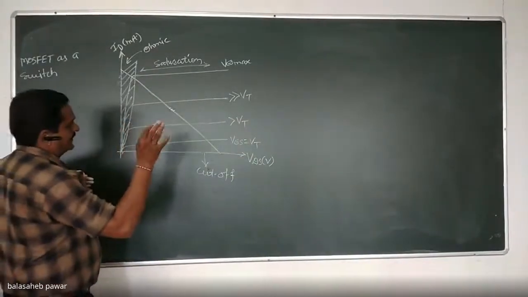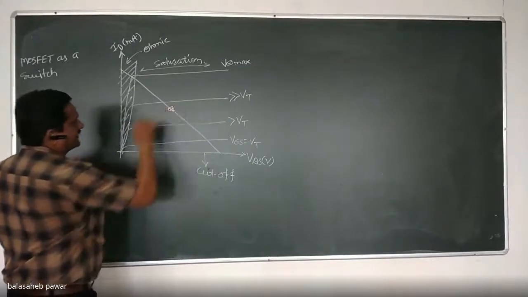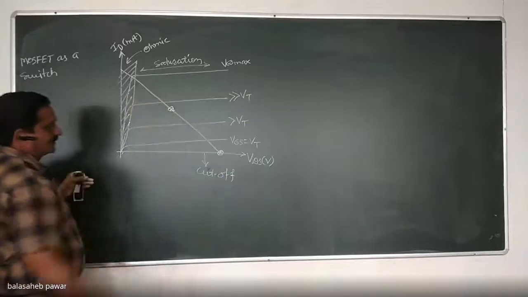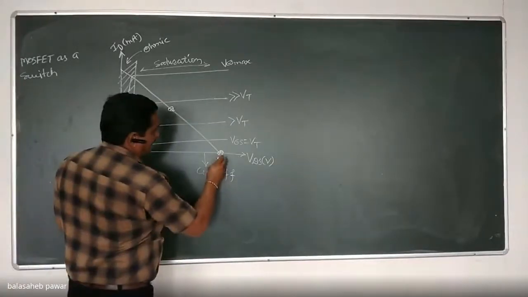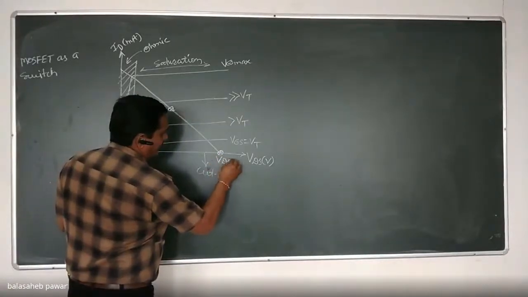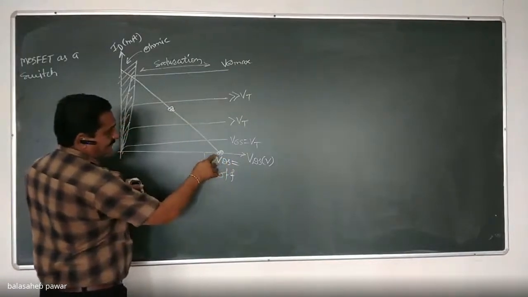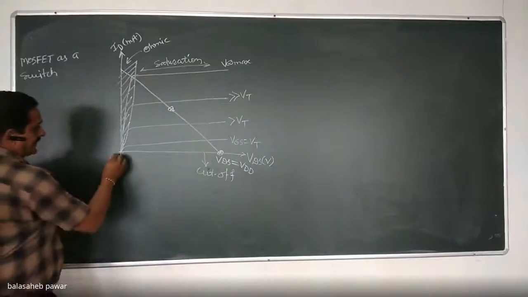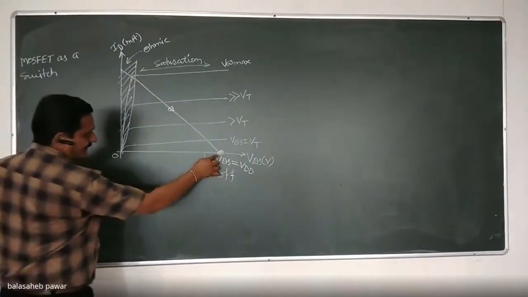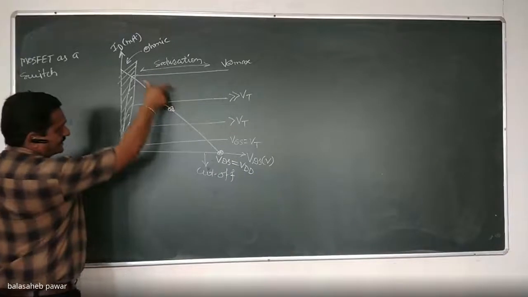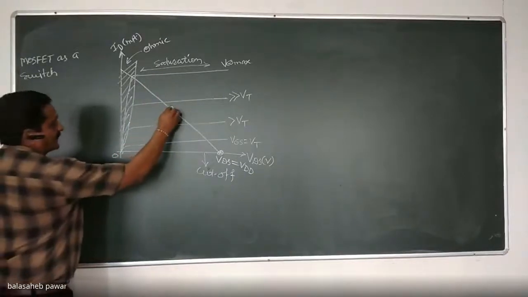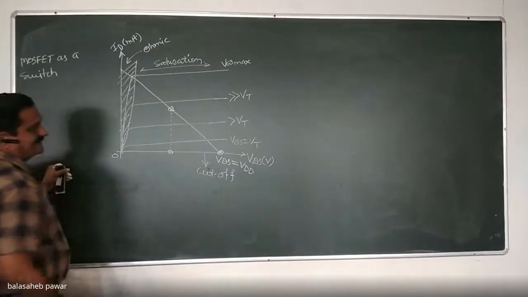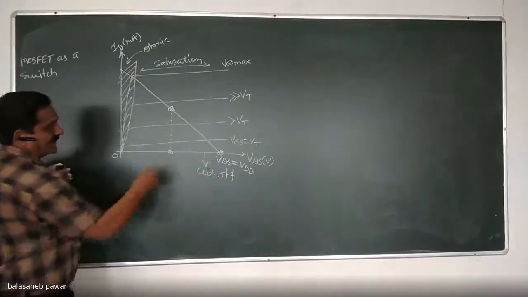Now see, suppose that the operating point is exactly at the center. While studying the DC load line, I already taught how much the VDS will be here on the x-axis. This VDS will be equal to VDD, and this one is 0. So 0 to VDD is the region of operation, that is the saturation region. If we consider the operating point at the center, its respective output voltage, that is VDS, is equal to half of VDD.